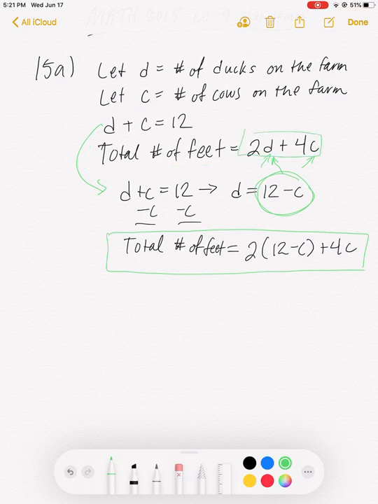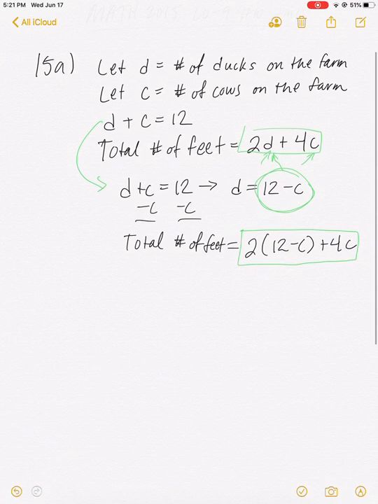So we're going for just the expression. Our total number of feet can be expressed with 2D plus 4C. Total number of feet can also be expressed with 2 times the quantity 12 minus C plus 4C.